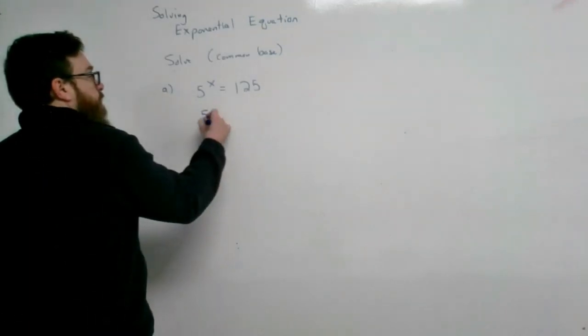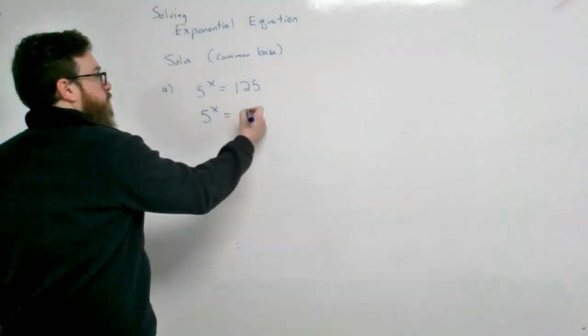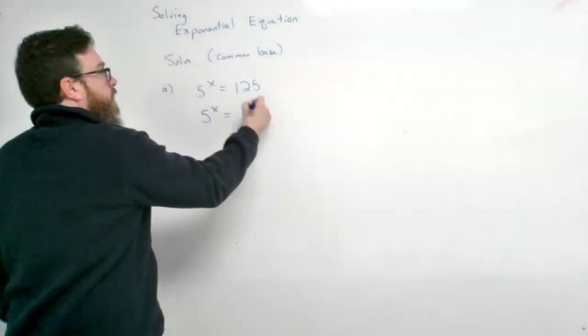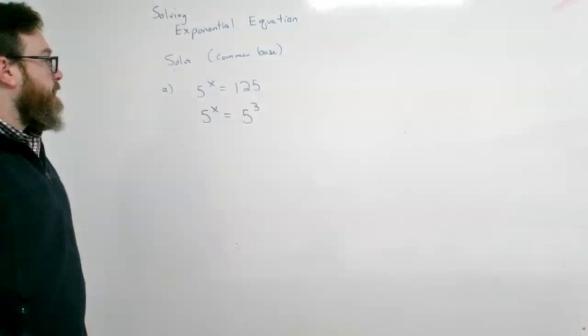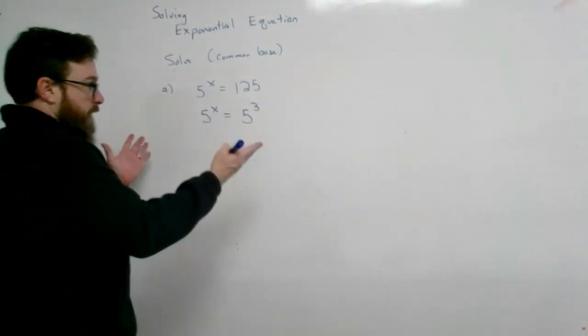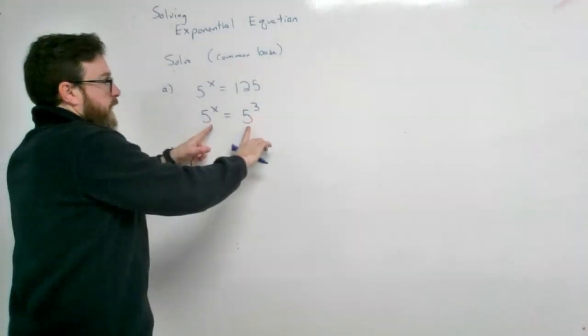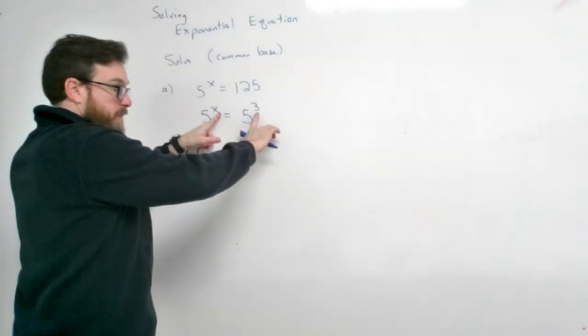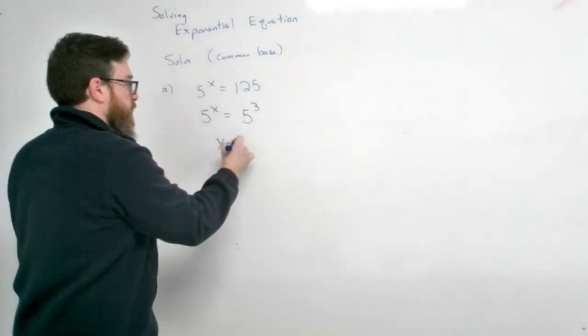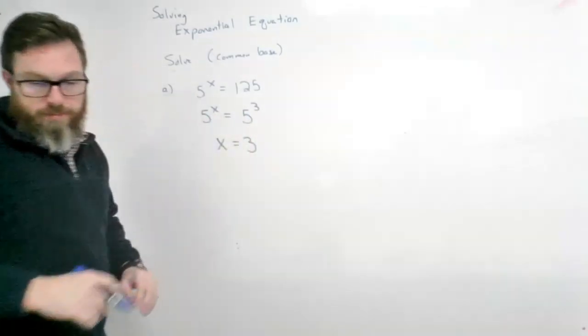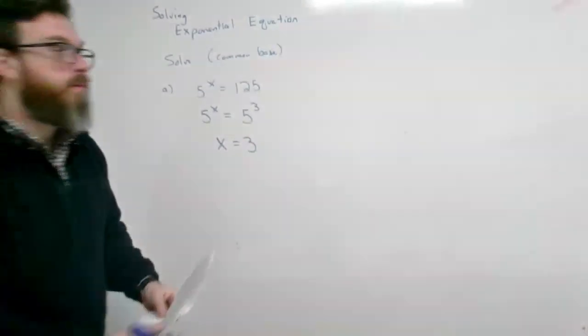So we have 5 to the x is equal to 5 cubed, which means since they have a common base, their exponents have to be the same as well. So that means x is equal to 3.